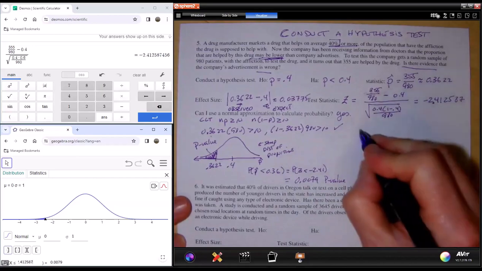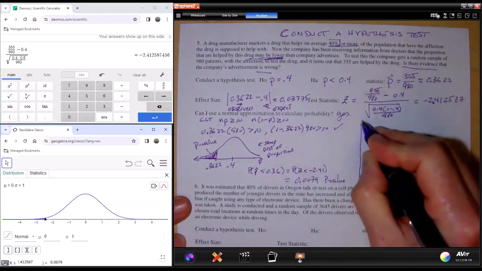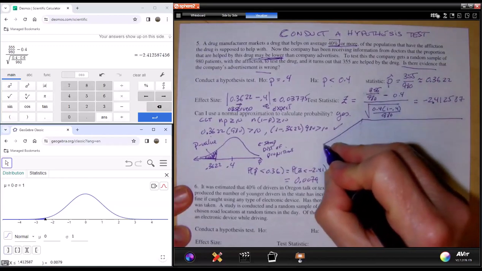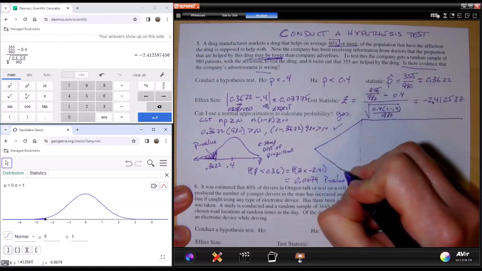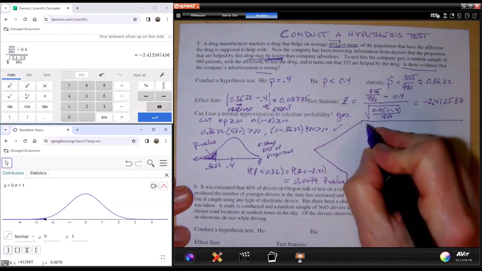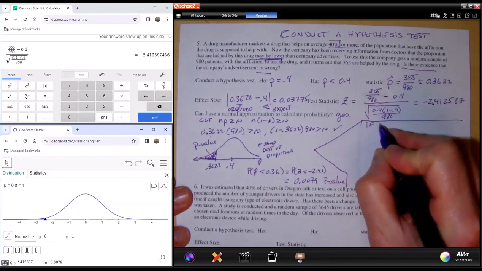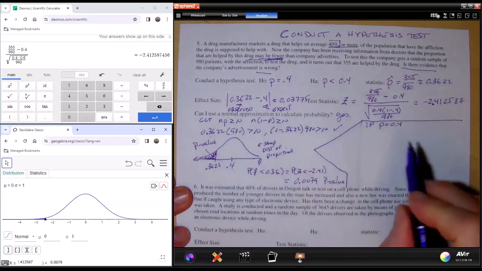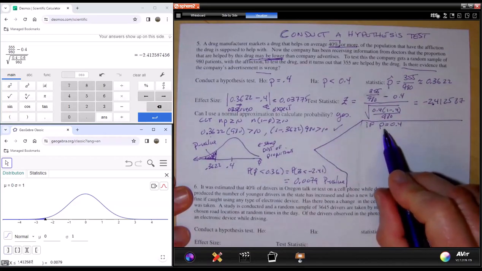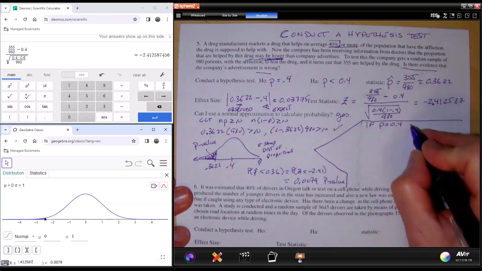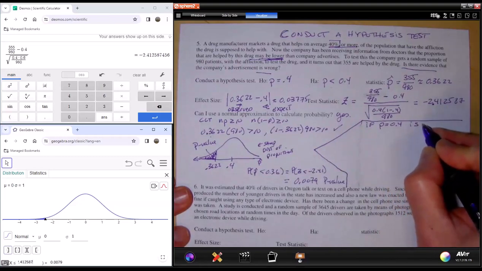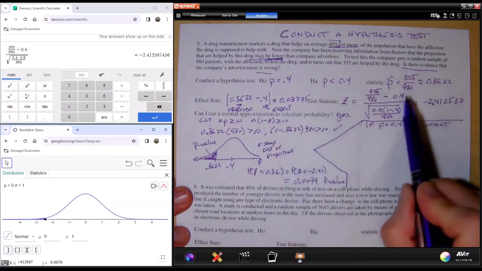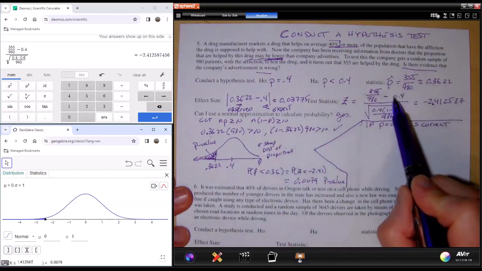What does this mean? And this is where you come in, the interpretation. Notice I need a lot more room. Here's what it's saying. If the null hypothesis of the proportion being 40% is correct, and notice that that's what we used when we did this test, we're assuming this value is correct.